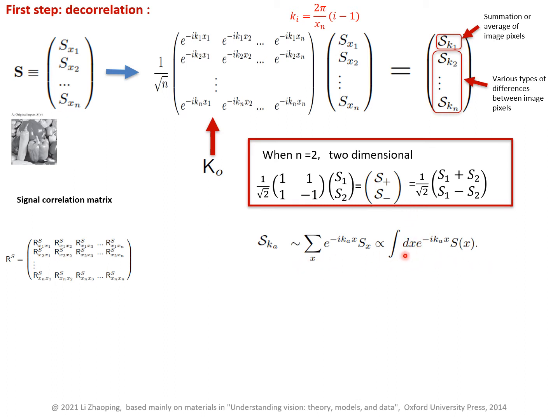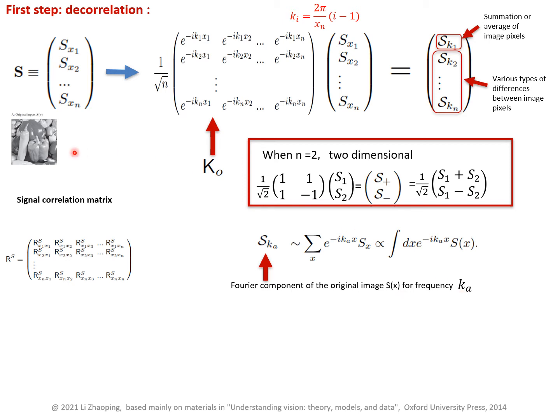So summation over x becomes integration over x, and S subscript x becomes S as a function of x. This is a function of x, which is a spatial image. This is a Fourier transform of this image for the frequency Ka. This is written in a discrete form. So this number really is the Fourier component of the original image for the frequency Ka.